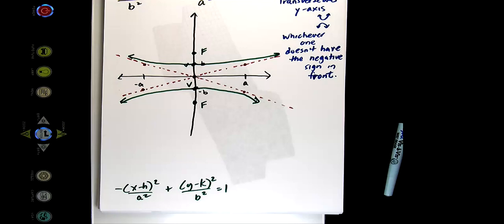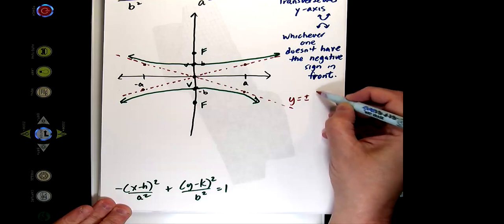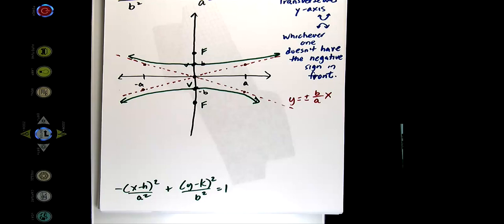Again, if you keep this format, these asymptotes are at y equals plus or minus b over a x, at least until you shift along h, k.